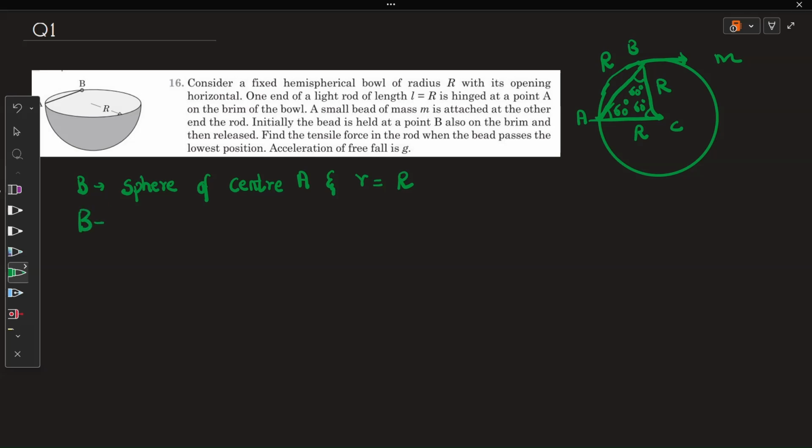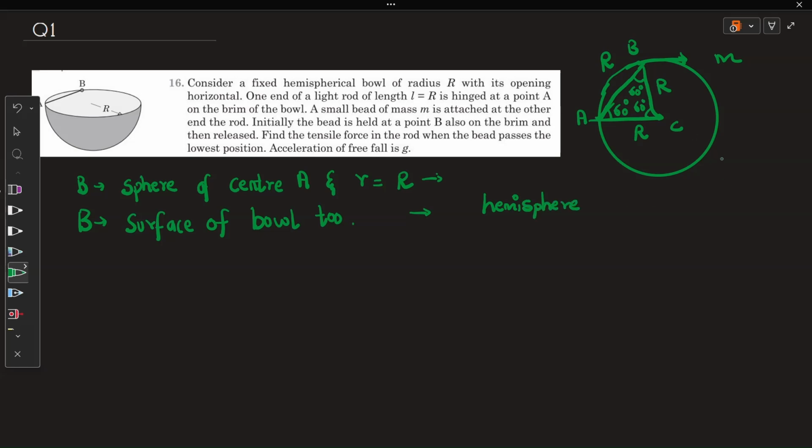So B will be on the surface of the bowl too. If you analyze the motion, these two are spheres, right? This is also a sphere, and this is a part of the sphere. So the intersection would be in the vertical plane.